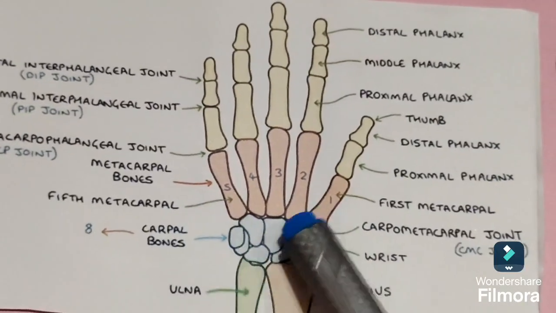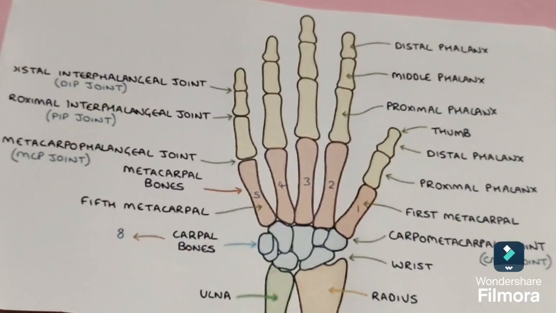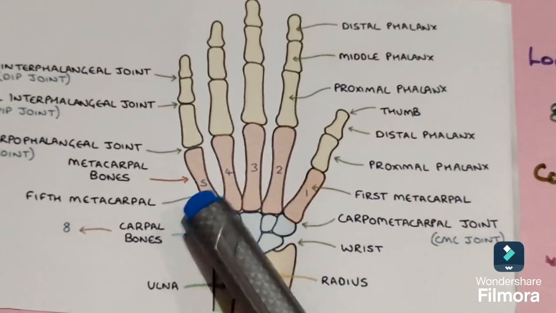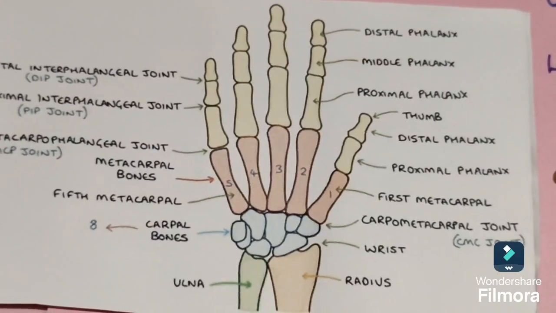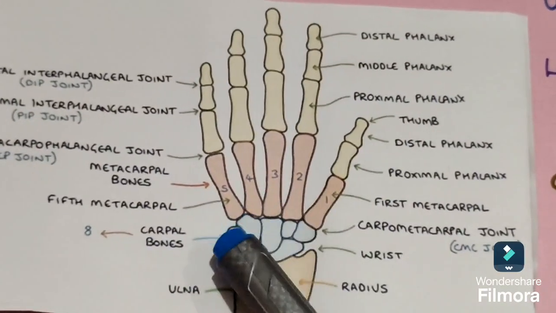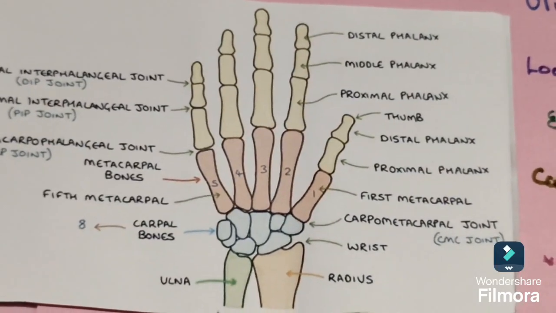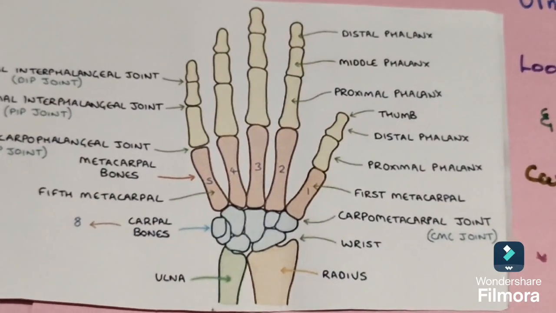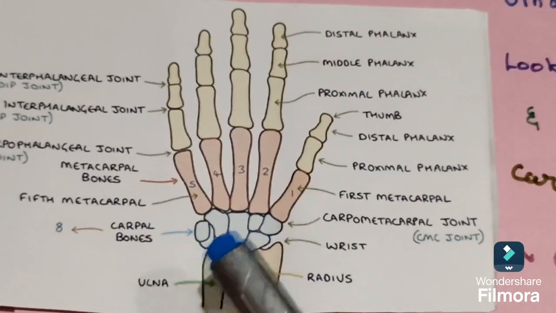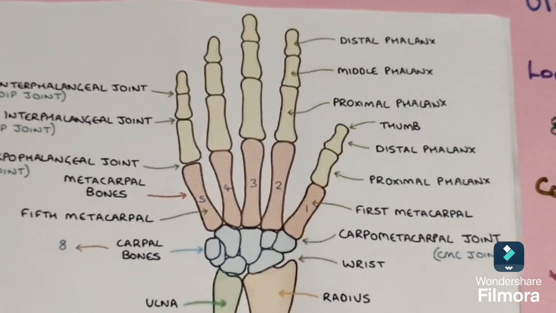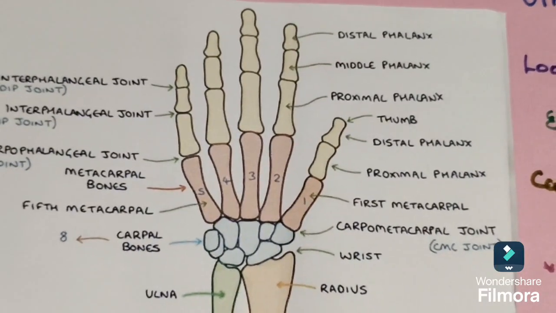There are 8 carpal bones. The carpal bones connect to the metacarpal bones. The metacarpals are numbered 1 to 5, from the thumb to the little finger, meaning the first metacarpal is at the base of the thumb and the fifth metacarpal is at the base of the little finger.